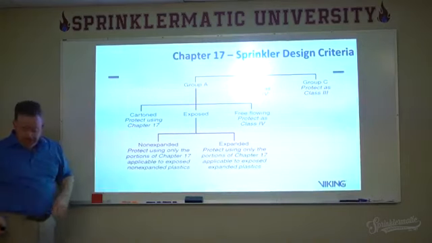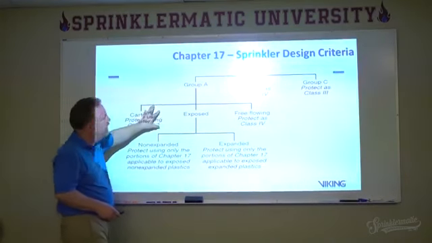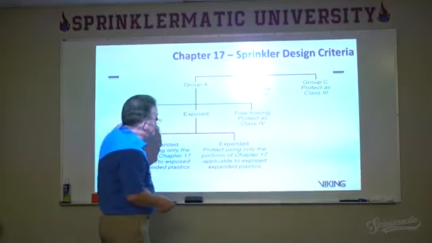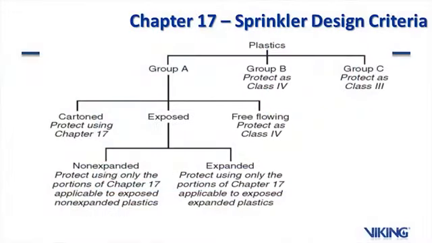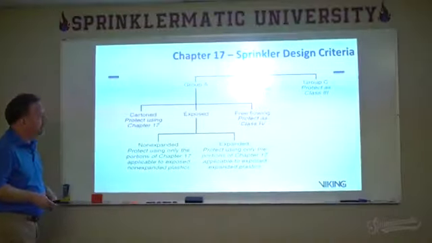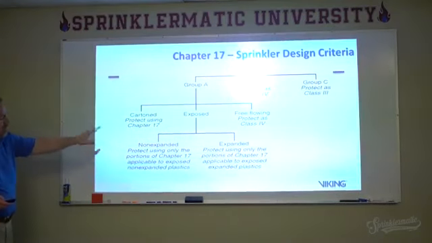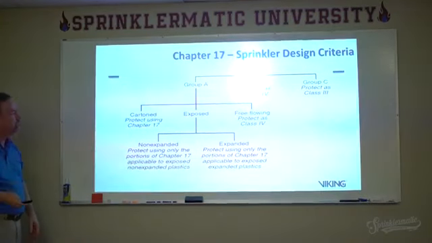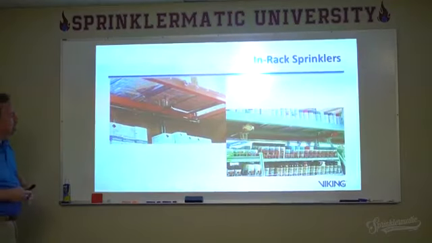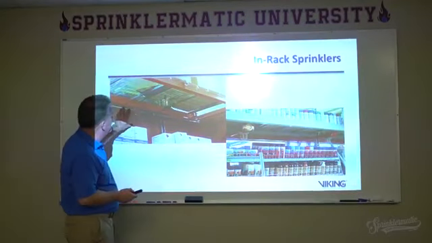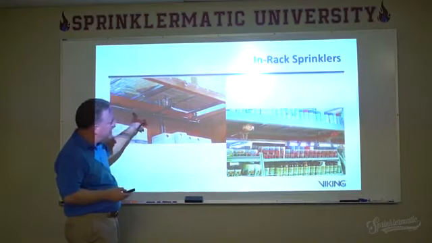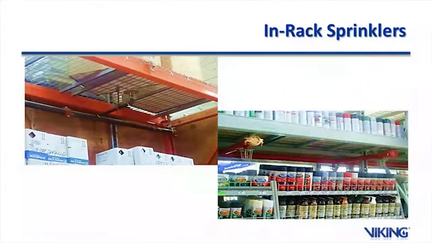But once again, when you get into Chapter 17, you have a decision tree to go through. Group A, carton protected using Chapter 17, exposed. Down here, then we get into a decision tree of non-expanded or expanded plastics. This is what we see when we're looking at in-rack sprinklers. Most of the time what you have is sprinklers that are out either at the face of the rack or back in the flue spaces.